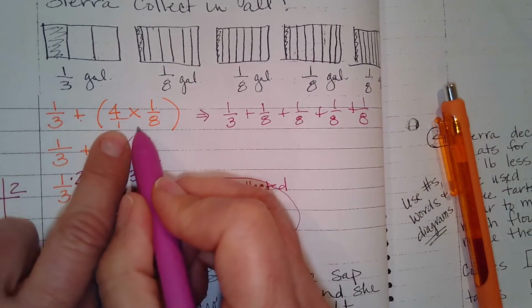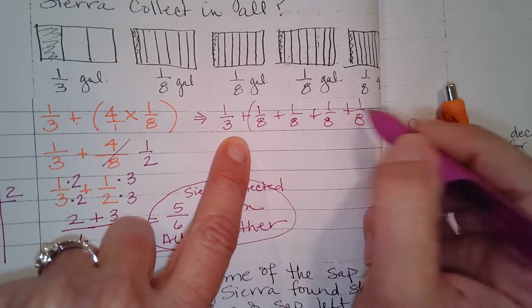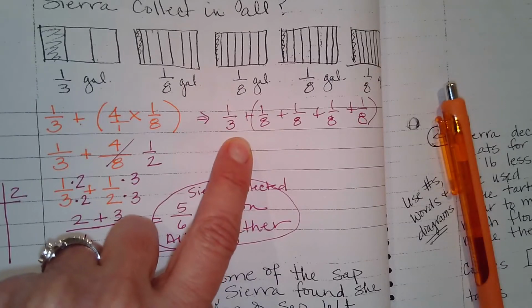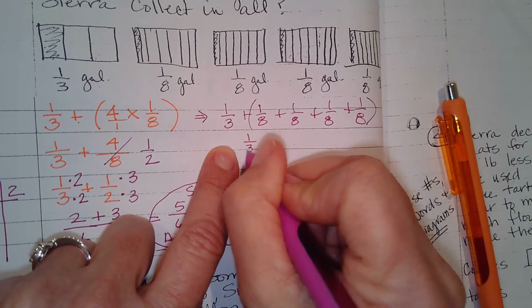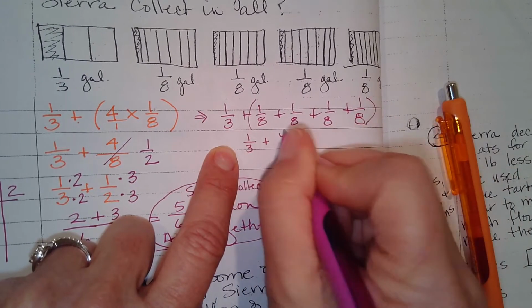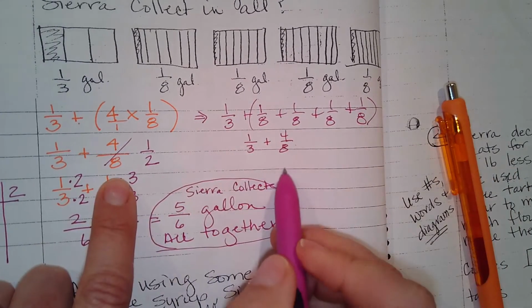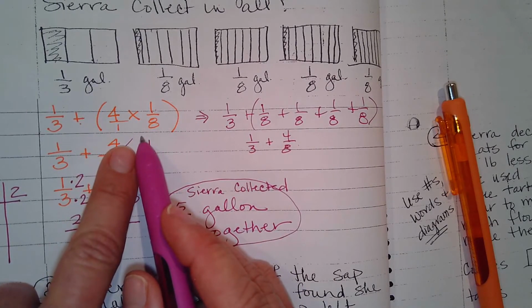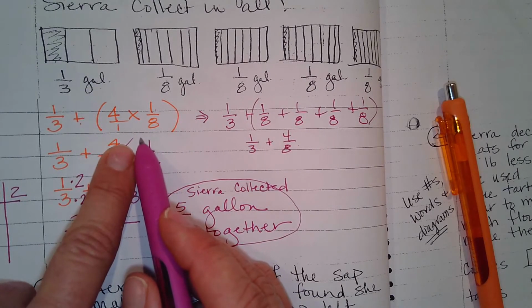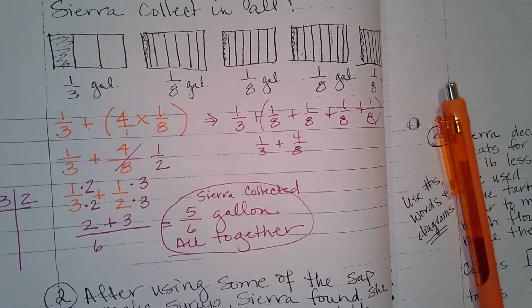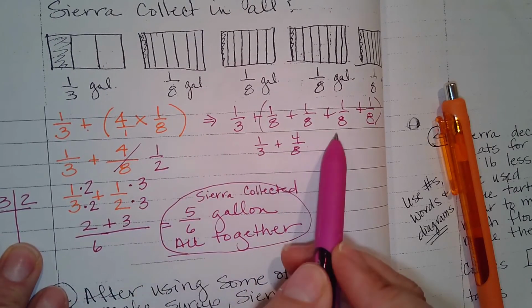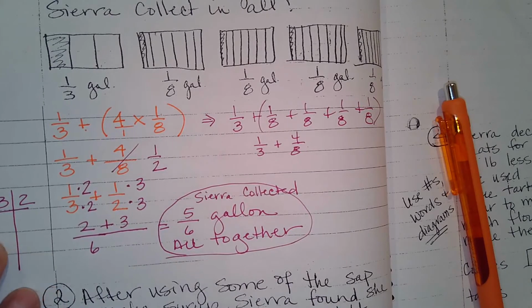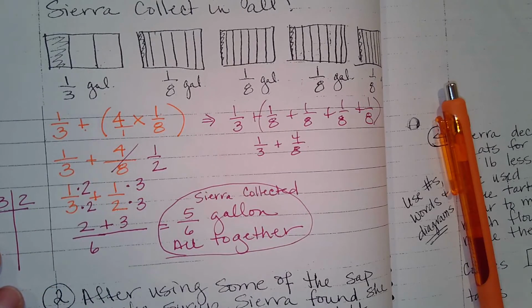So if you did this, this would be 1/3 plus what, 4/8? Oh, look, it's the same thing. I'm starting to be a little bit more advanced in my thinking, the way that I'm representing my equations. All right, now let's keep going.